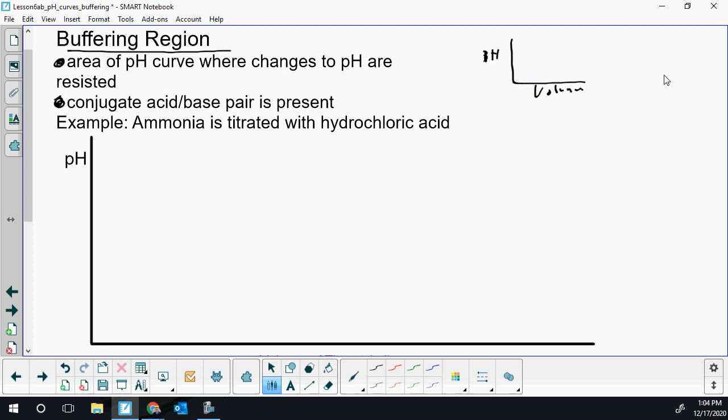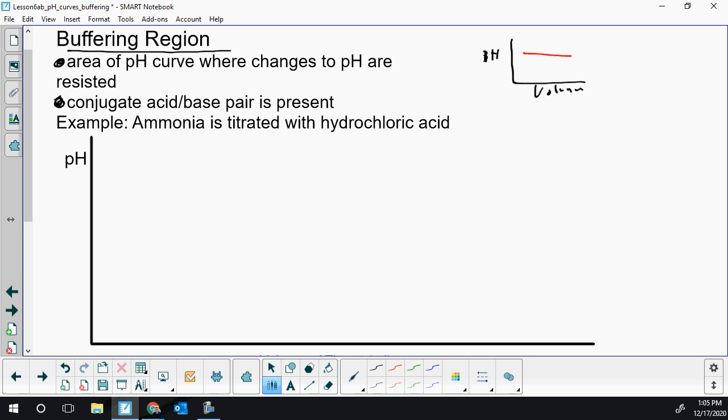What type of slope would we have in a pH curve where pH is being resisted? So I'm getting straight line, horizontal line, flat, perfect. We need a flat region of our pH curve.